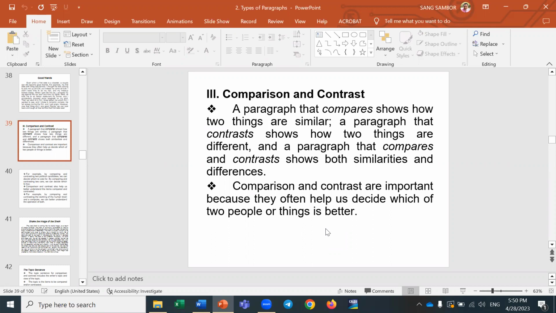Even when you decide to study at university, you will need to compare two universities to see which one is better. So comparison is very important in our life.